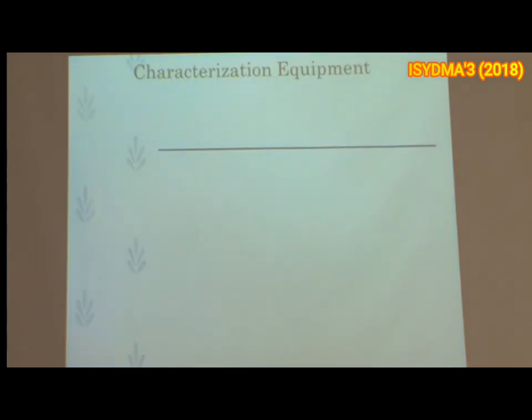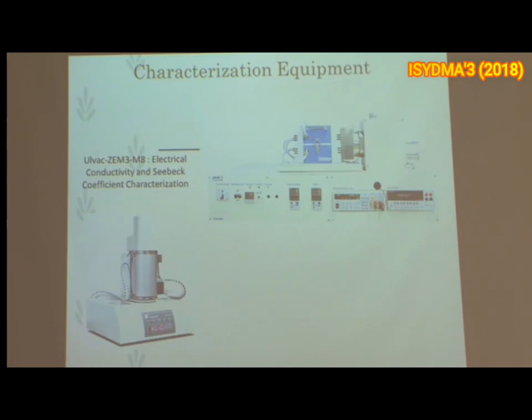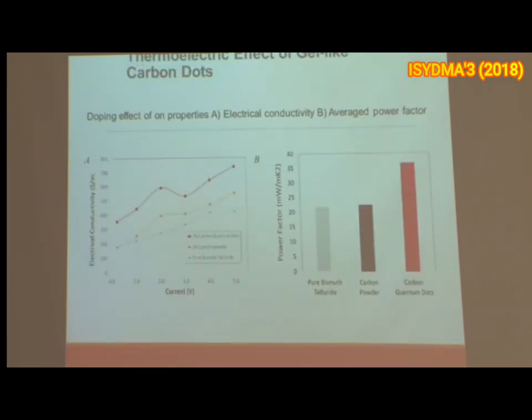For the characterization of equipment, it's not so important, for the measurements of the conductivity, and also for the Seebeck coefficient, which is a very important characterization. We also use the thermal conductivity measurement to assure that really there is heat release before inducing the current.